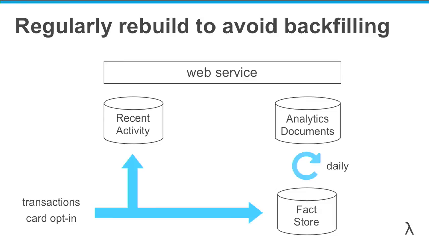The idea is that the transactions and the card opt-in data don't just go into the fact store, but we also shove them into the recent activity database so that when a query is made, the analytics documents take us up to this morning, and then all the rest of the data from this morning to now is in the recent activity, and they get merged together very quickly when the web request gets served.